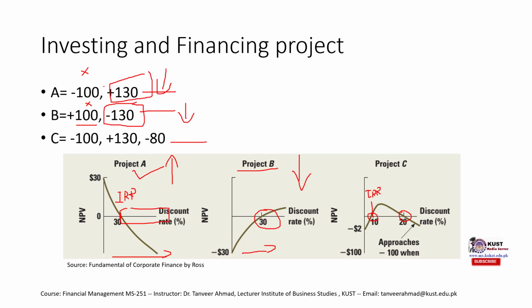And that is because there is only one change in sign. But in case of project C, the line crosses this horizontal x-axis twice, so we have two IRR. So now the decision rule is difficult. So should we take this IRR or this one to make our decision? So you get the idea. When we have non-conventional cash flows, we would get two IRR. And this is our problem.